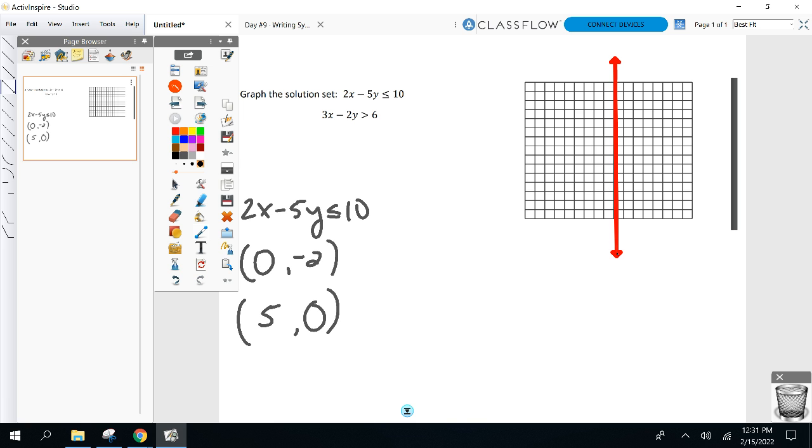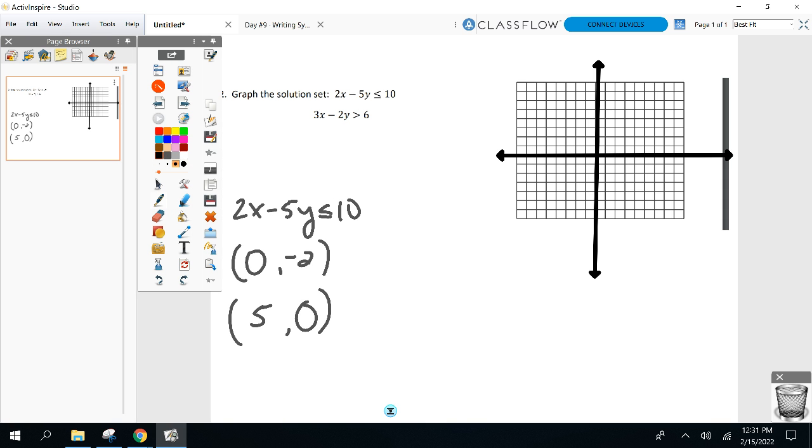I'll slow it down even more. Do we know where (0, -2) is? How about (5, 0)? Everyone see those 2 points I have up on the graph?